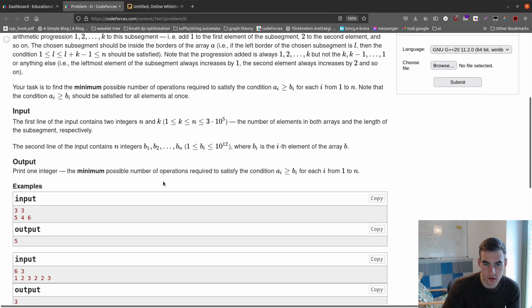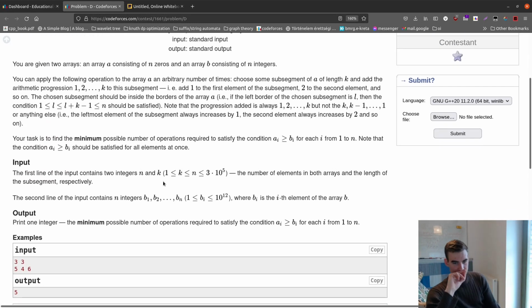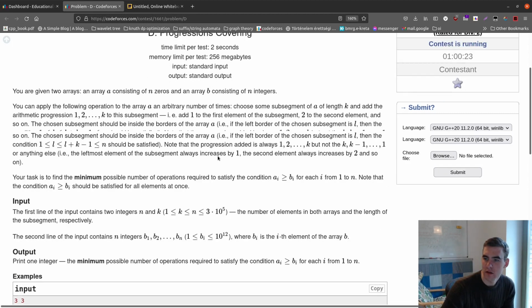I had arithmetic progression. I'm adding these arithmetic progressions.